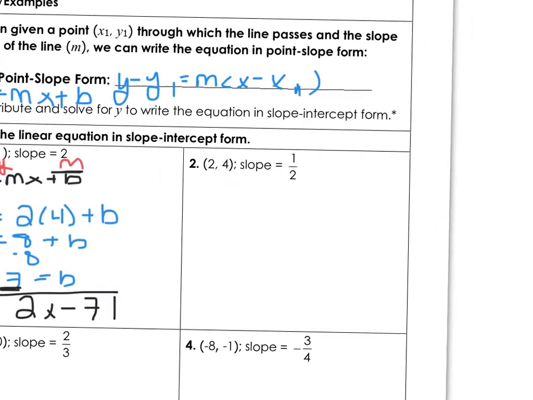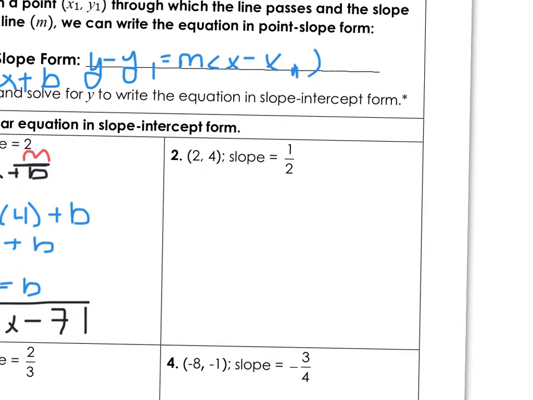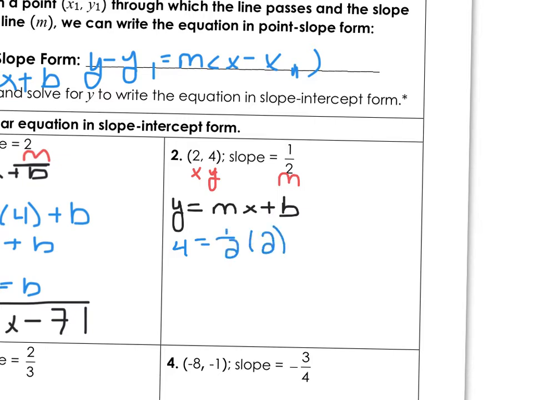All right, so let's do it with this one. So again, let's label. This is my x, that's my y, here's my m. So I'm going to use y equals mx plus b. And I'm just going to plug everything in. So y is 4, my slope is 1/2, my x is 2, I'm solving for b.